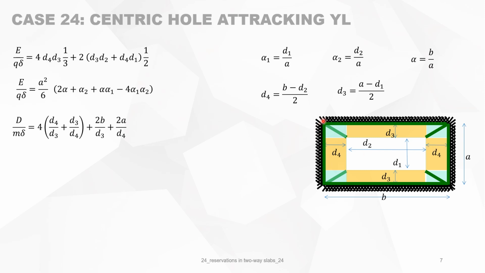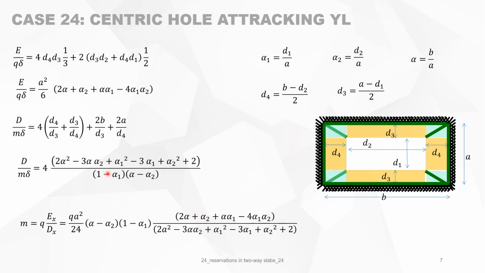And what's left is the corner, and the corner yield line is projected to the north or to the other side, and you have D4 over D3 plus D3 over D4, and then we have that 4 times in the 4 corners. Fill in the different parameters, and then we say D is equal to E, and we can get M from it, and you get this formula.